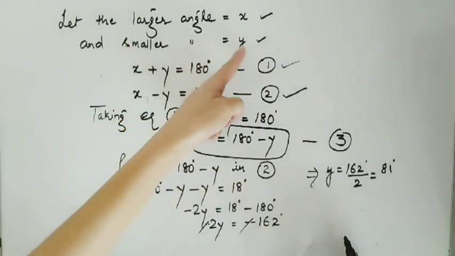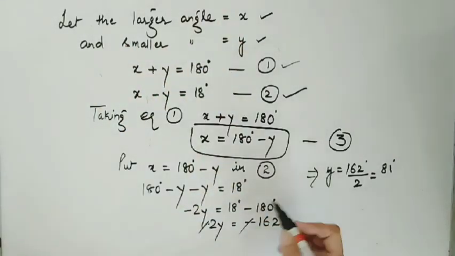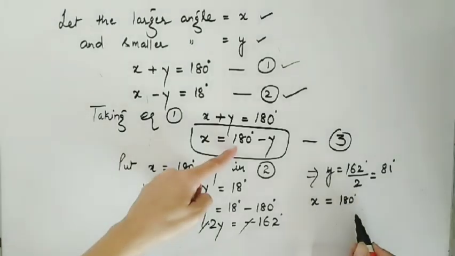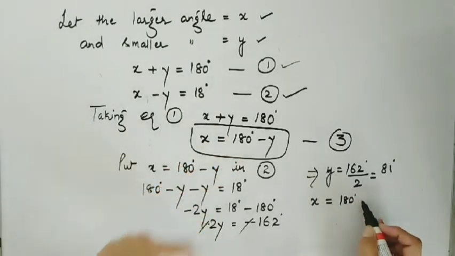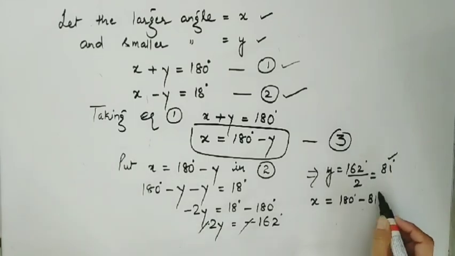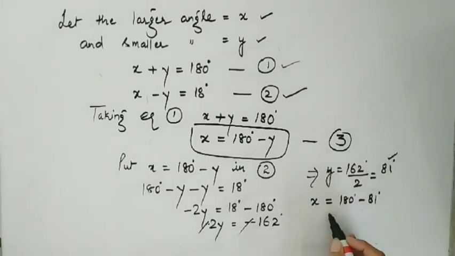Smaller angle is 81 degrees. So what would be the larger angle? We know x is 180 minus y. Put the value here. Y's value is 81. Solving this becomes 99.